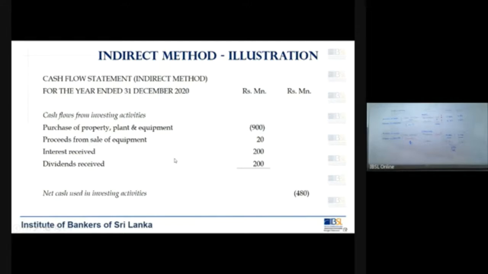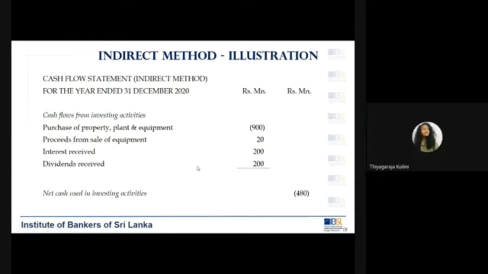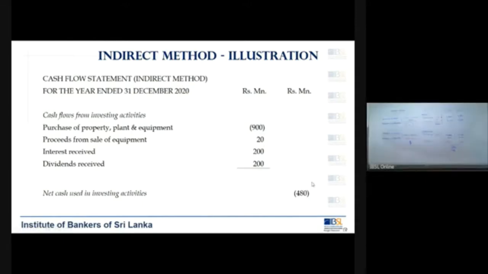That is, you are receiving money. Cash inflow or outflow? Cash inflow. That is why it is shown as a positive. Dividends received. Cash inflow or outflow? Cash inflow. It is shown as a positive figure.